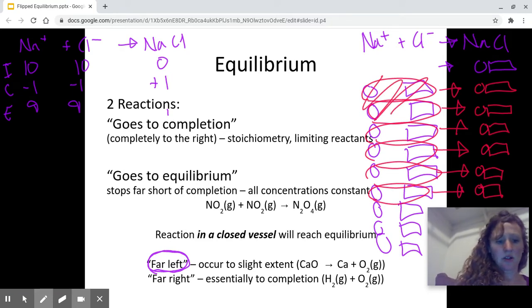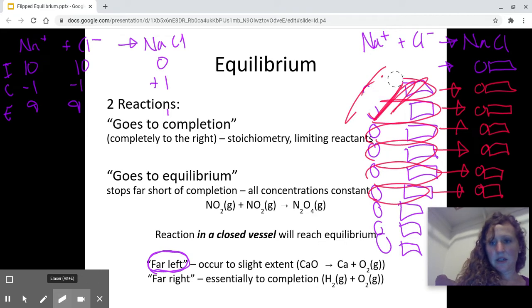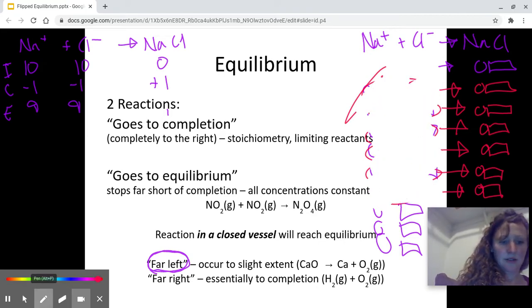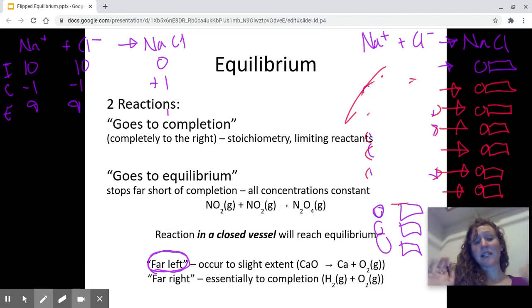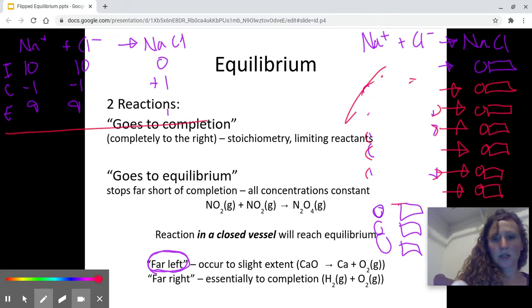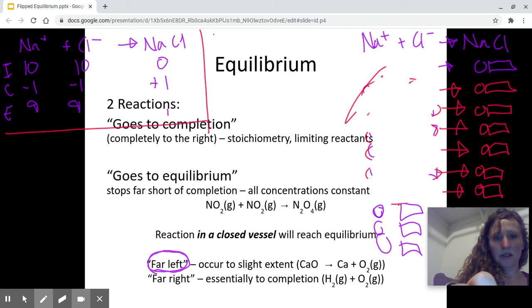Okay, so these are no longer here. Come on, eraser. These reactants are no longer here. They have become products. And now I hit equilibrium. So let's say this is the point where I hit equilibrium. So if I compare it to what I had initially written, Na plus, Cl minus, goes to NaCl.